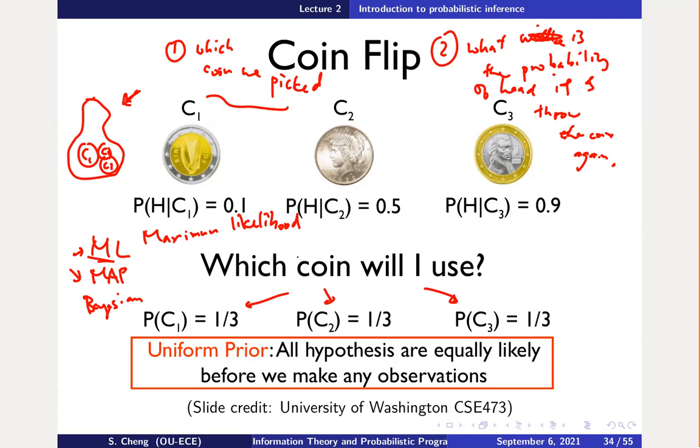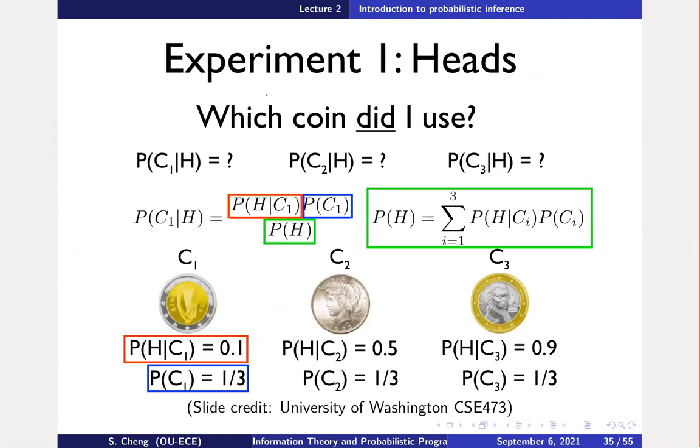And in that case, for example, if I get a head here, then the maximum likelihood will be saying that the probability of having coin one given a head would be simply 0.1 here. Actually, it won't be, because I need to normalize that. But let me just show this one here.